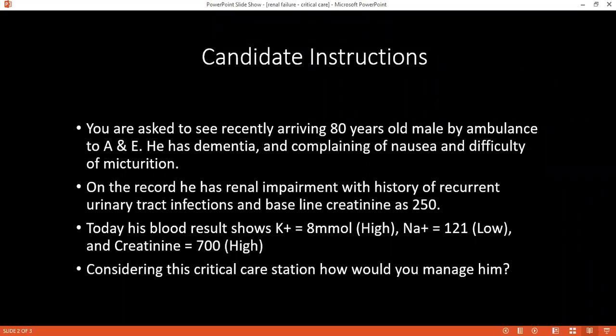Then I will check the breathing, for any pleural effusion, and auscultate the chest. Then I will check the circulation: the peripheral capillary refill time, insert two wide bore cannulas, and take samples.